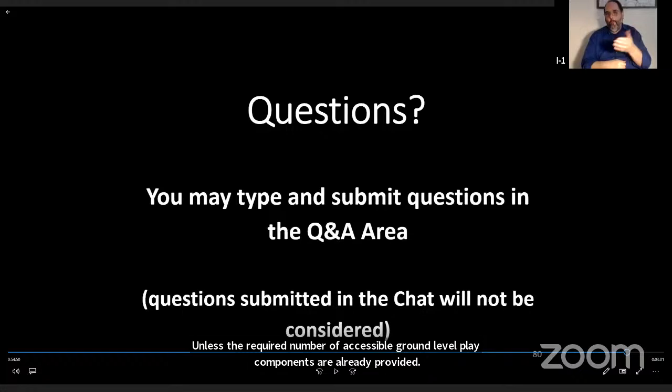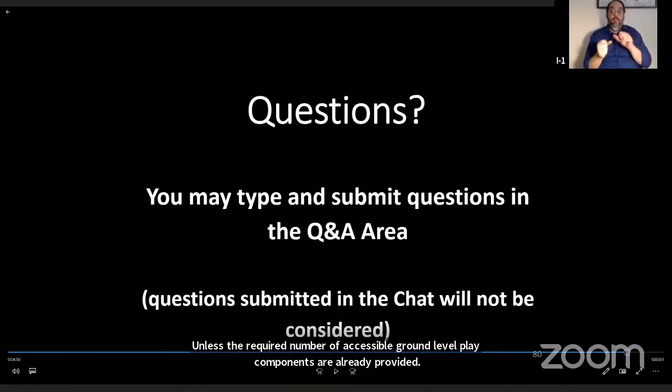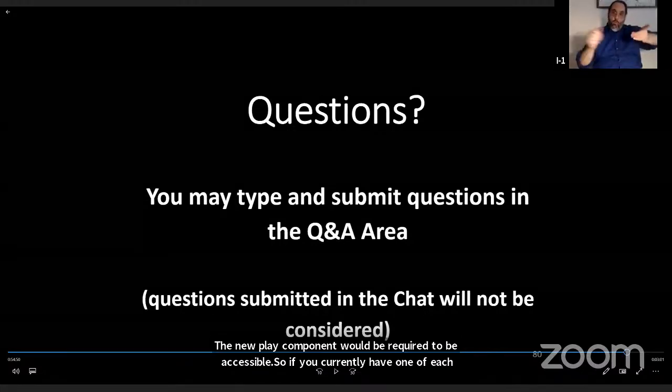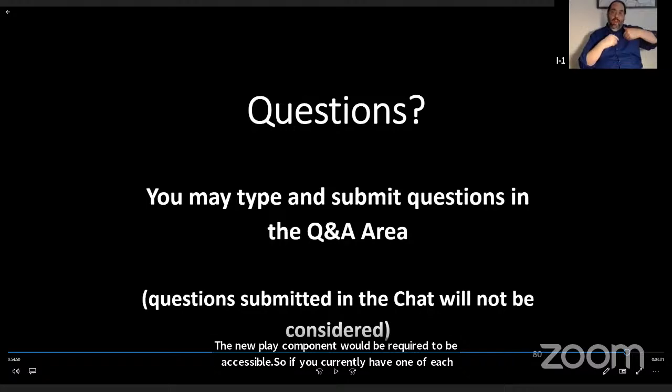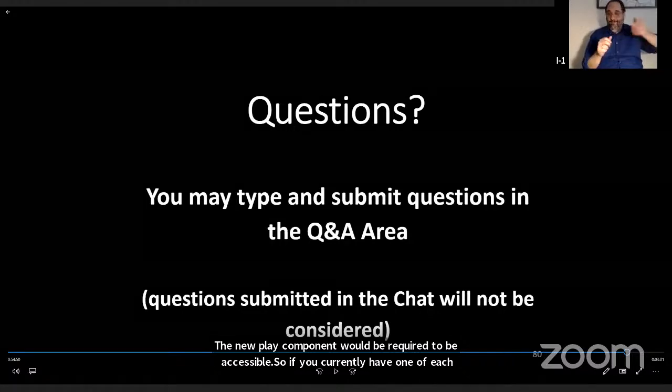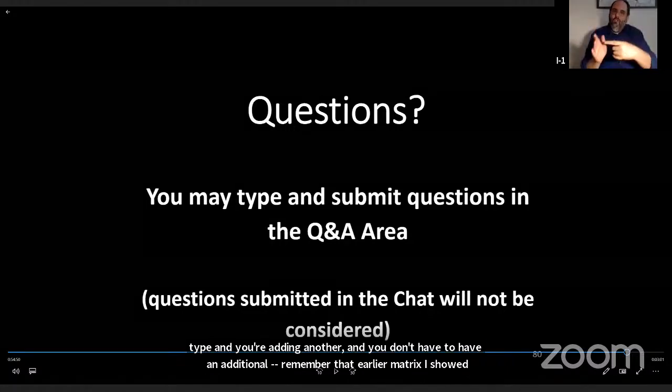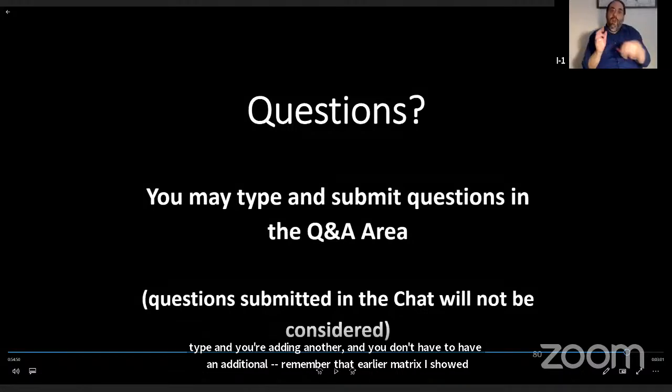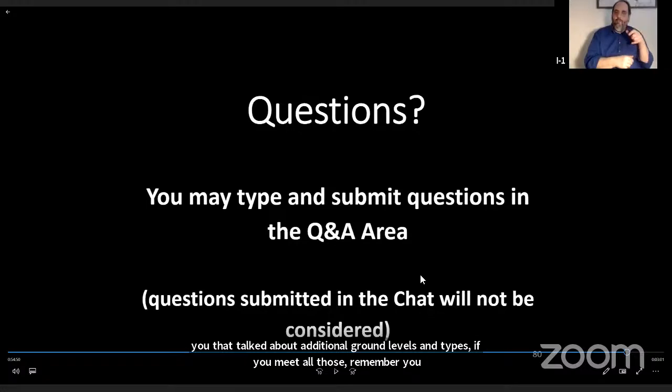The new play component would be required to be accessible. So if you currently have one of each type and you're adding another, and you don't have to have an additional, remember that earlier matrix I showed you that talked about additional ground levels and types. If you meet all those, remember, you can add something to the play area and not be required to do anything with that one you're adding.